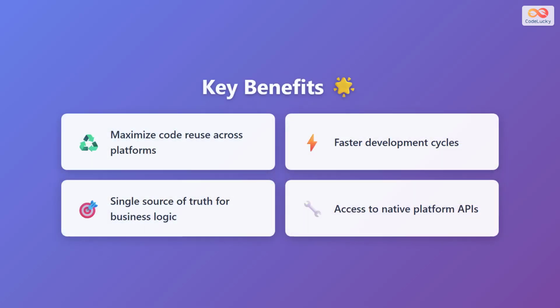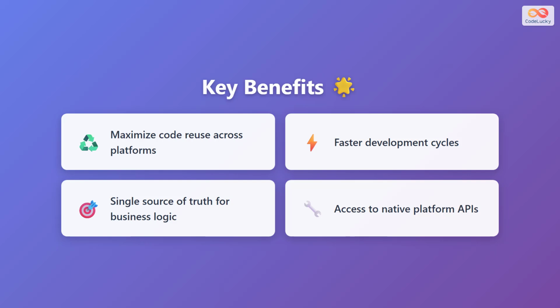Let's review the key benefits of using Kotlin Multiplatform. First, you can maximize code reuse across platforms. By sharing business logic, data models, and algorithms, you eliminate the need to write and maintain the same code multiple times. Second, you get faster development cycles. When you only need to implement core functionality once, you can iterate more quickly and deliver features faster.